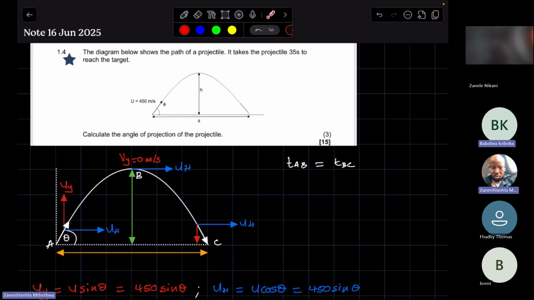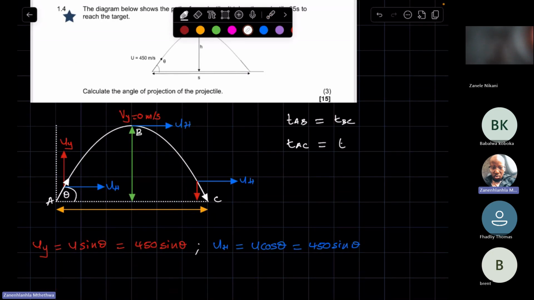Yes, sir. Right. So that essentially means that you are able to express any one of these in terms of the other one. If you wanted to calculate TAC, which is from A to C, and from here to here is equal to TAB, it essentially means that this will be TAB plus TBC, which is equal to TAB.